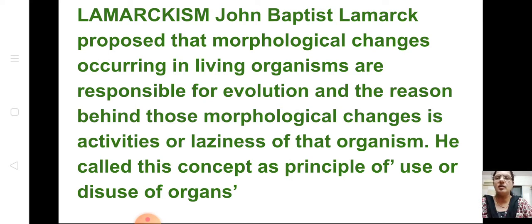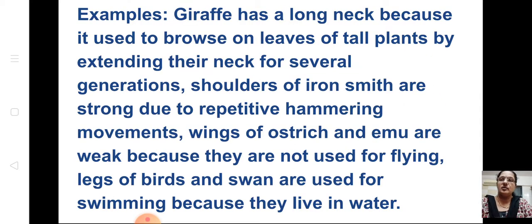He called this concept the principle of use or disuse of organs. Example: a giraffe has a long neck because it used to browse on leaves of tall plants by extending its neck for several generations.